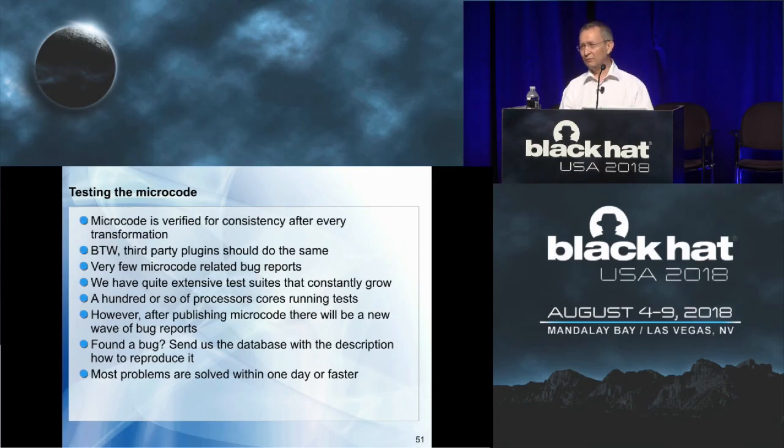We have a small farm of tester computers running all the time and checking if we have any bugs. By the way, we have very few reports about microcode, about the decompiler in general, because I think that it's thanks to our testing techniques. But anyway, if you find anything fishy about the microcode, just send us a message. We are happy to fix things. We really hate bugs, and we try to get rid of everything.